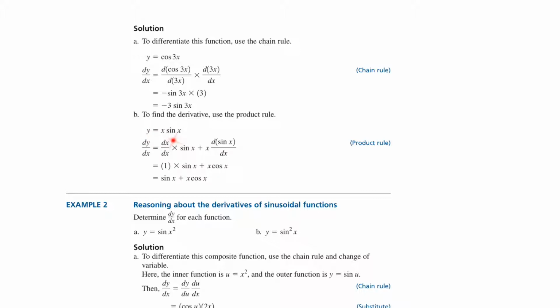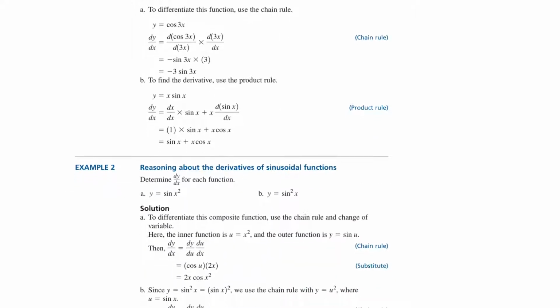Derivative of y equals x sine of x. If you use the product rule, dy/dx would be the derivative of x times sine of x plus x times the derivative of sine of x with respect to x. The derivative of x with respect to x is 1. The derivative of sine of x with respect to x is cosine of x. Therefore, the derivative of the given function is sine of x plus x cosine of x.